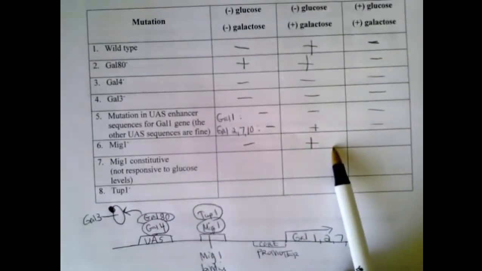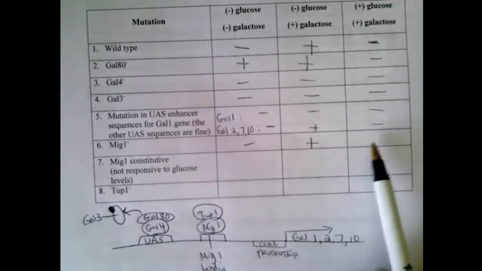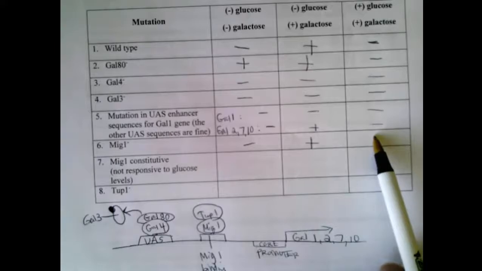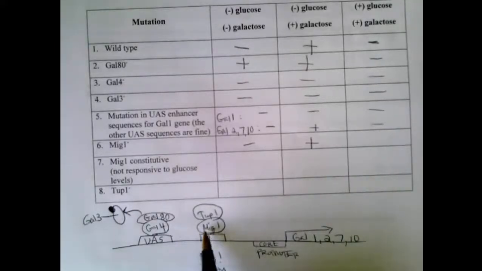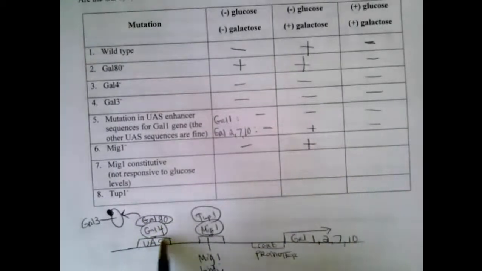However, if MIG1 does not increase in response to glucose added to the environment, then what would happen is you can never recruit that transcriptional co-repressor TUP1, and you wouldn't be able to kind of override what's going on in the other regulation system.